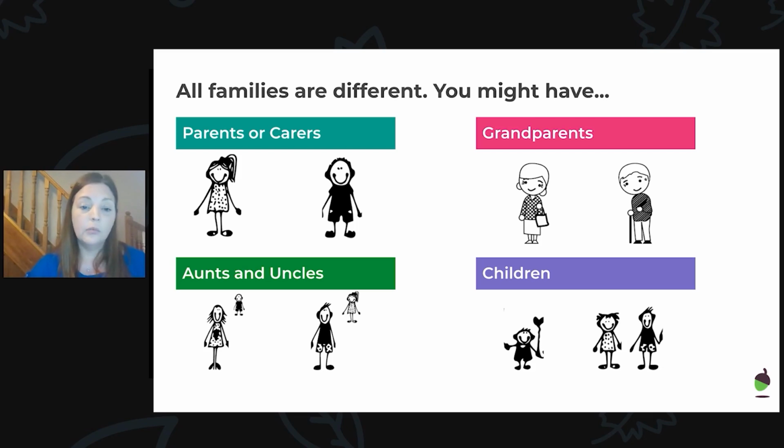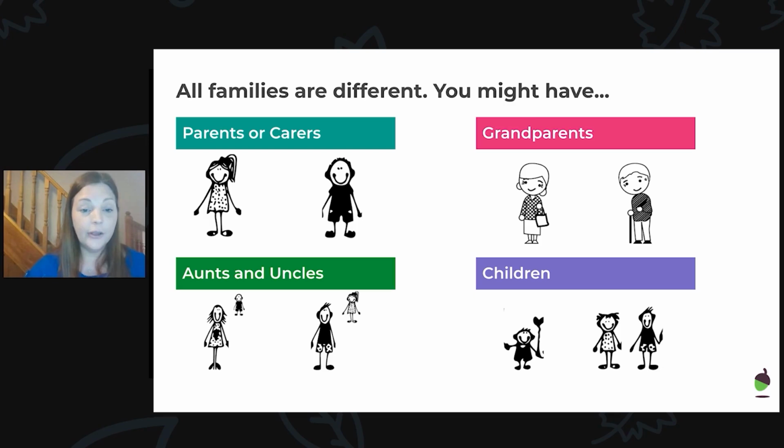You might have one set of grandparents or two sets of grandparents or no grandparents. You might have aunties and uncles in your family. You might have brothers and sisters. You might have cousins. You might come from a big family or a small family. All families are different, but all families care for each other and look out for one another.